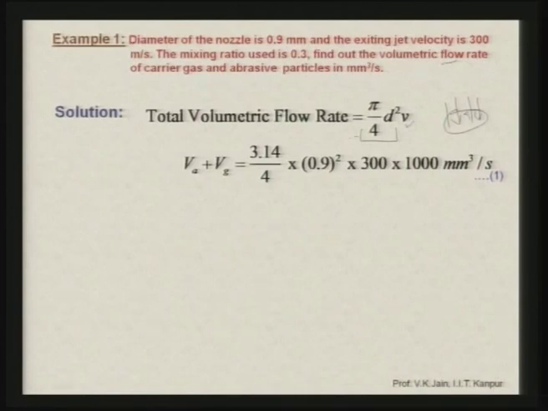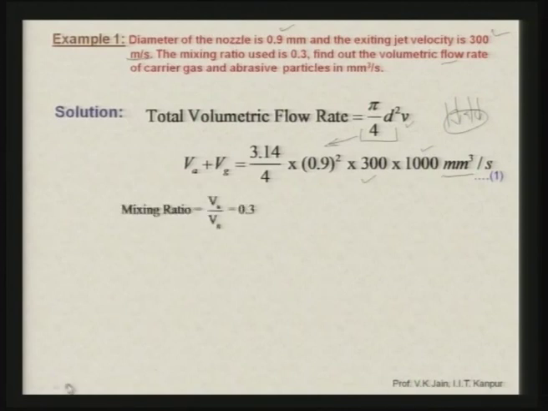So, this can be written like this: 3.14 divided by 4, times 0.9 squared, where 0.9 is the nozzle diameter, times 300, the flow velocity. The velocity is given in meters per second, so you convert it to cubic millimeters per second by multiplying by 1000.